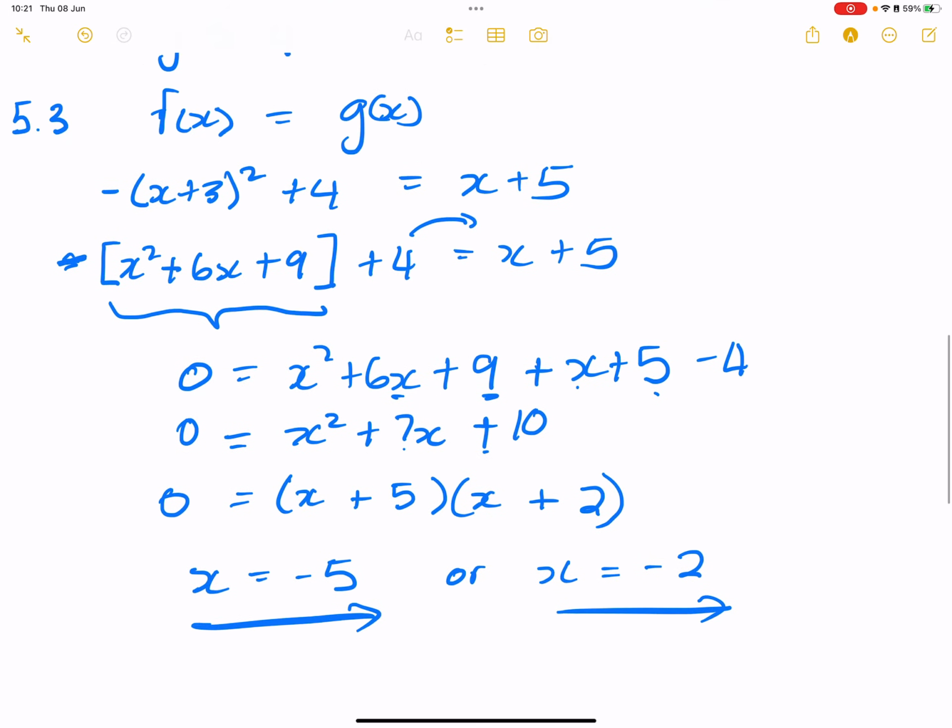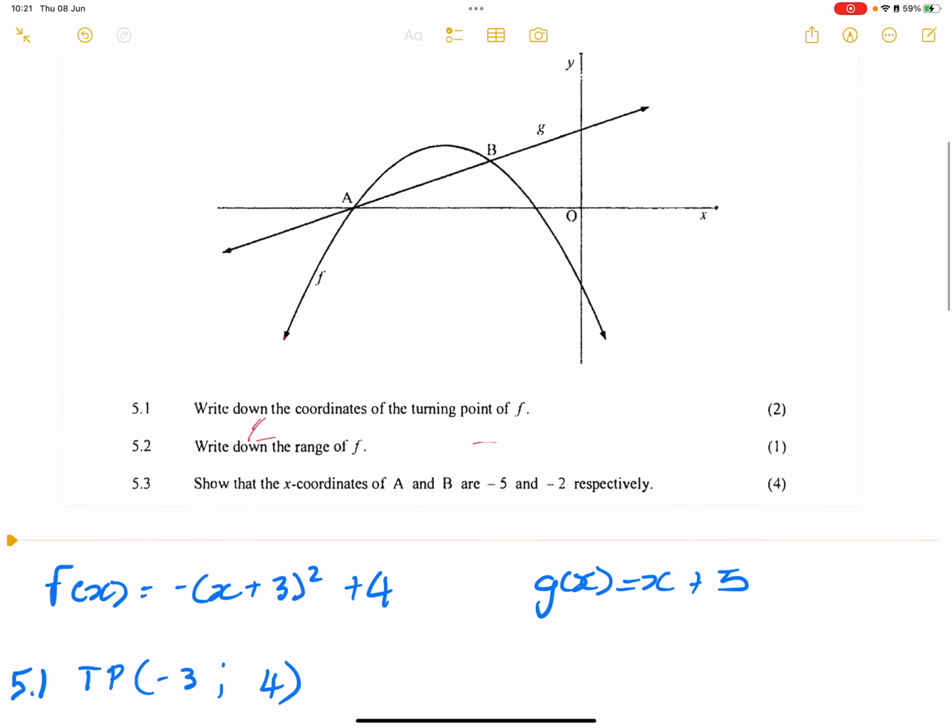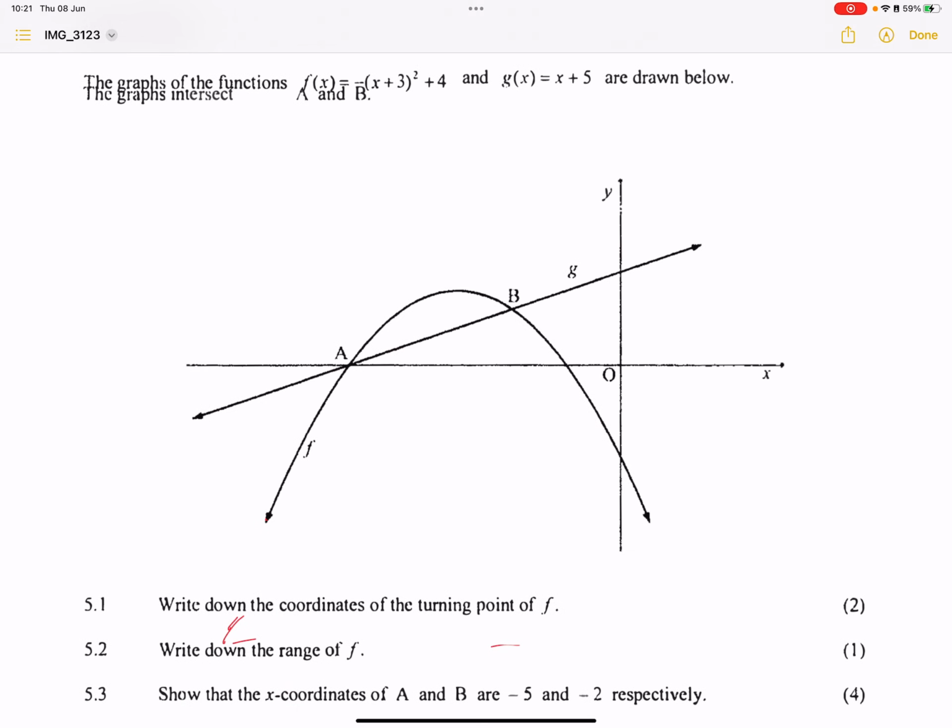Okay, I want us to go back to the graph. Remember, right now, A and B are both on the negative side. So what I want is for one value to be on the negative side and the other value to be on the positive side.